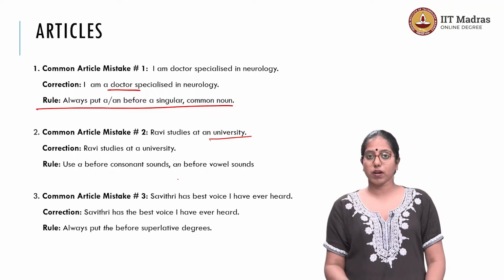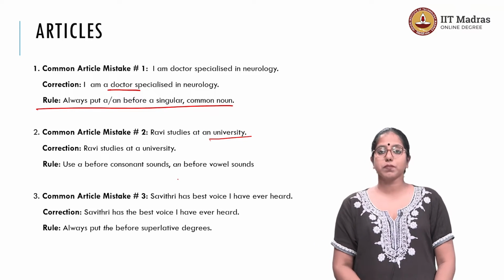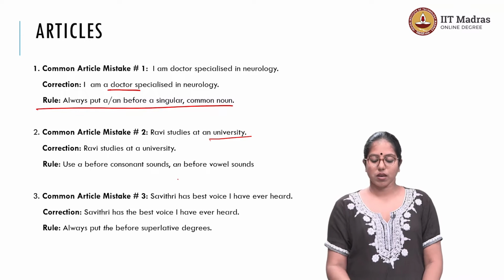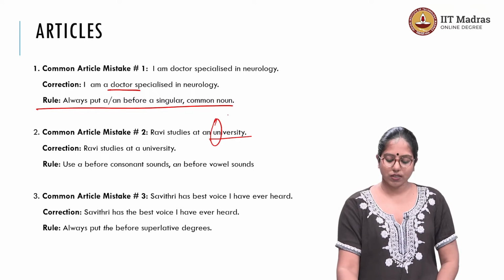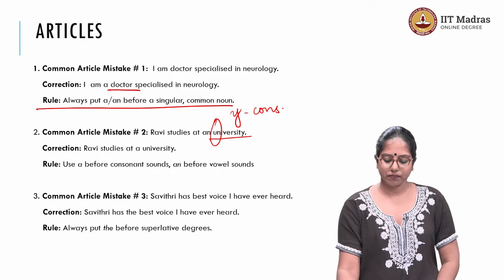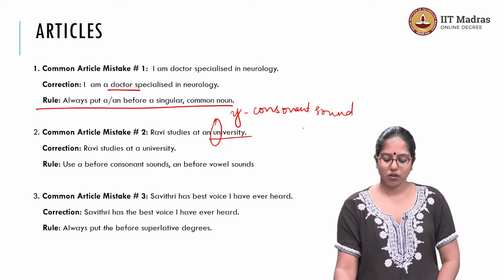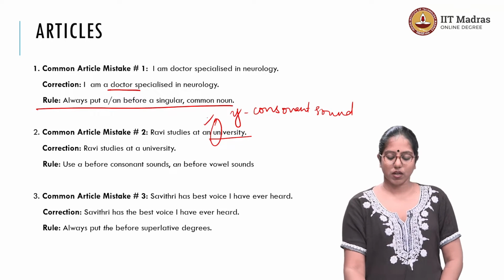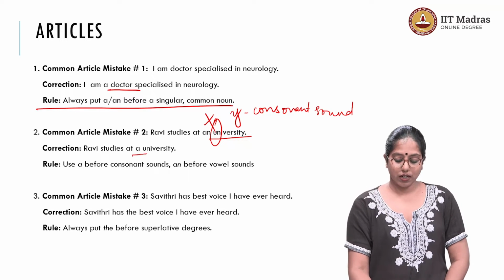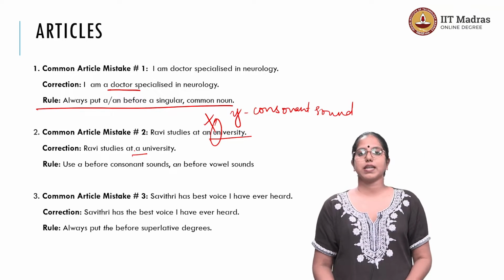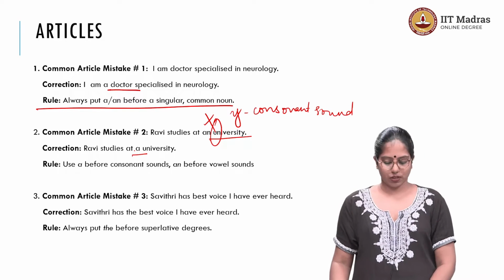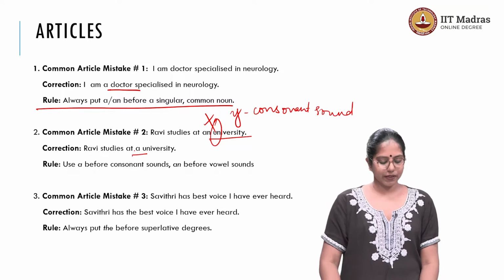An comes before vowel sounds and a comes before consonant sounds. And because university starts with a consonant sound, you use a. It's a university and not an university. Okay, I hope I made that clear.